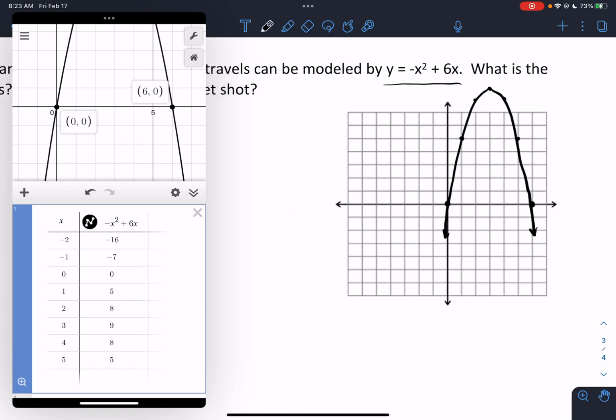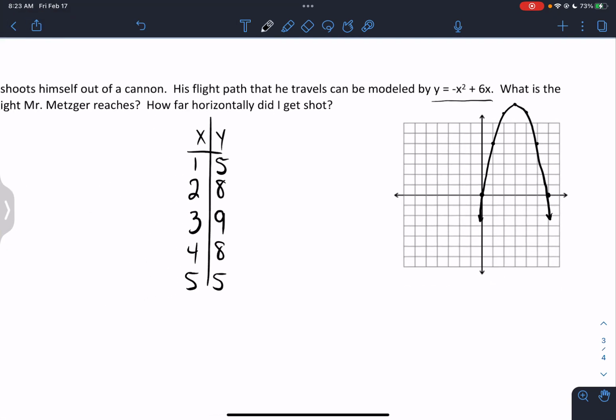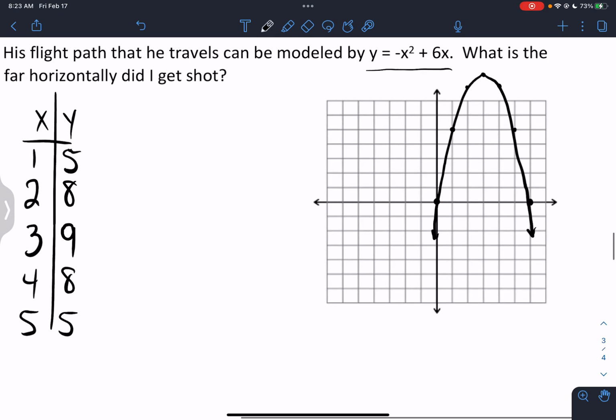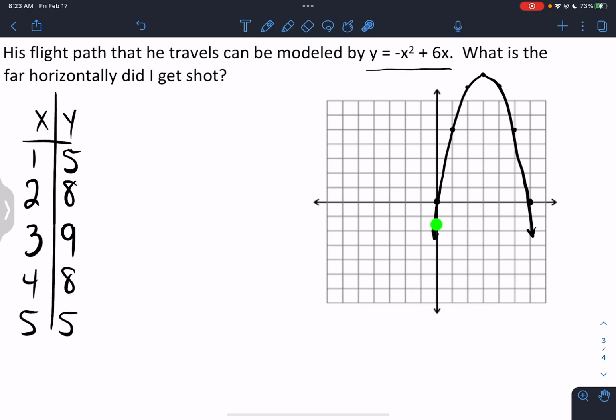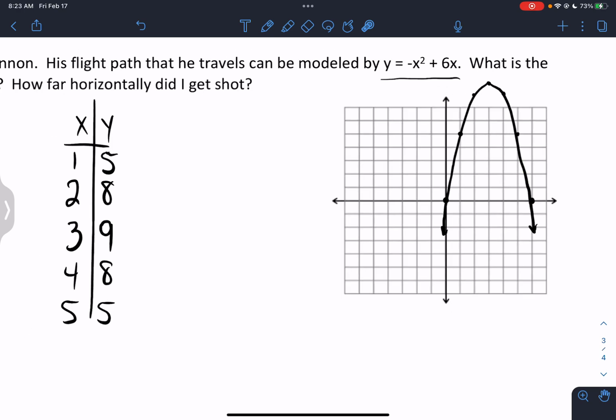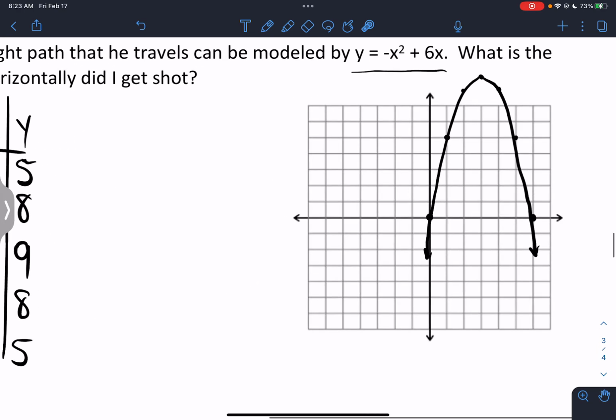Looking at this picture, it says, what is the maximum height that I reach? Again, this is me flying through the air, all the way here and down. Where's my maximum height? This is the highest that I get, right here.